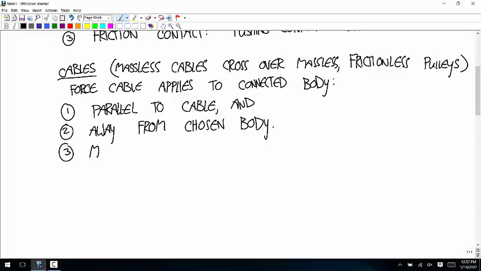And third, the magnitude of the force is the same all the way along the cable.